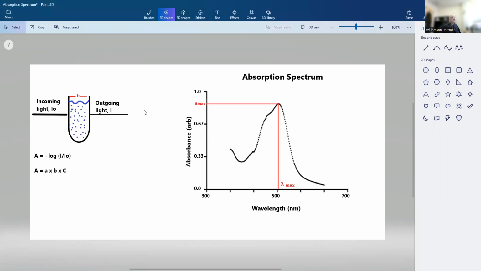One of the first things you're going to do with your sample is measure its absorption at many different wavelengths, from about 400 nanometers to about 750 nanometers.